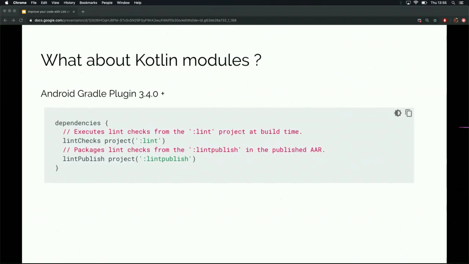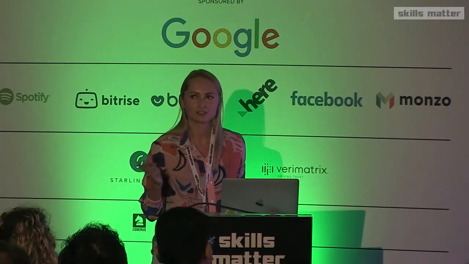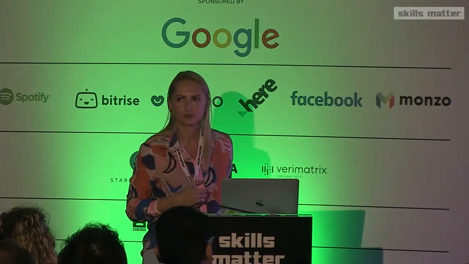So what happened between 3.10 and 3.40? We realized, well, actually on our skin, that before 3.40, if you package a library together with the lint checks, all the consumers of your library will also have those lint checks applied to their project.